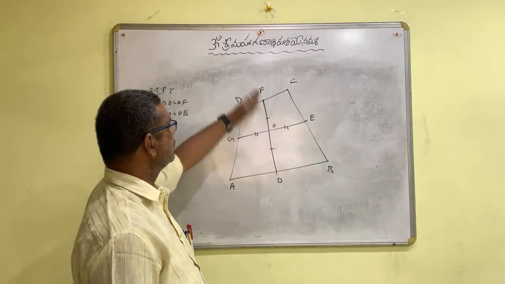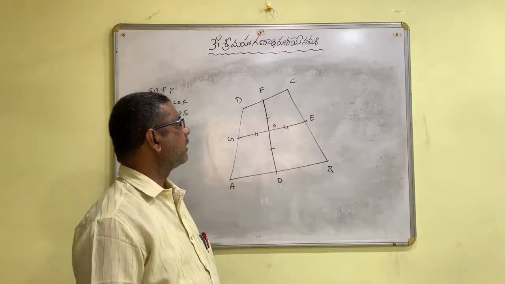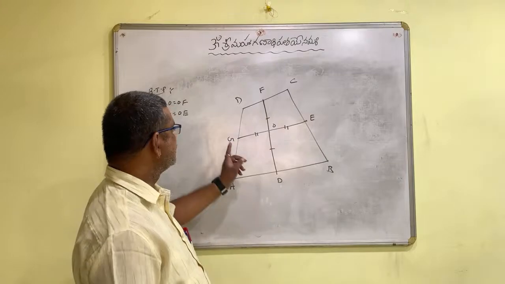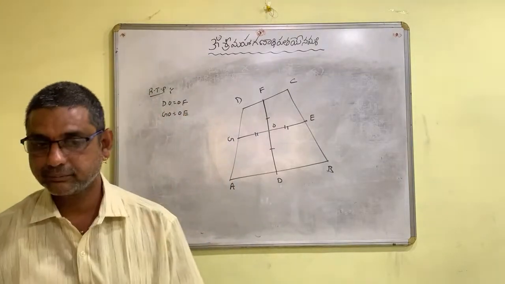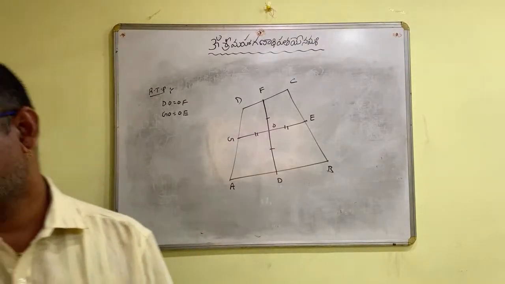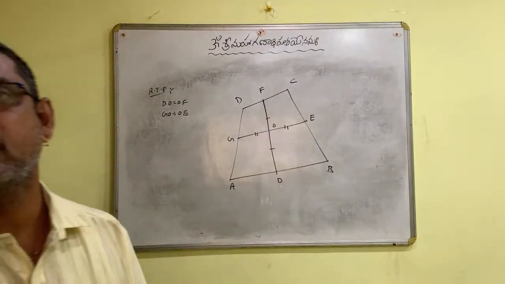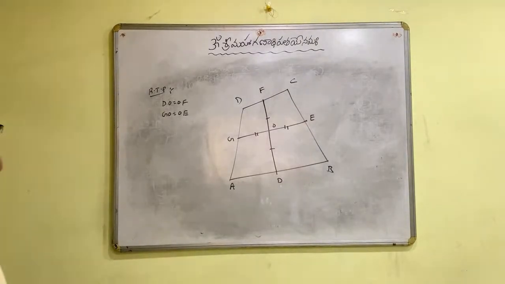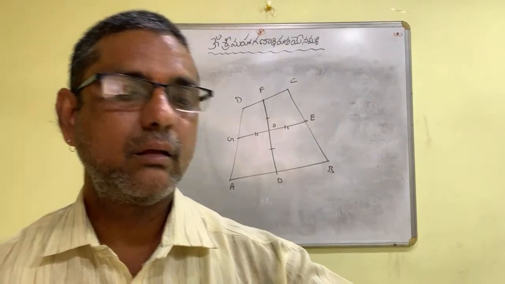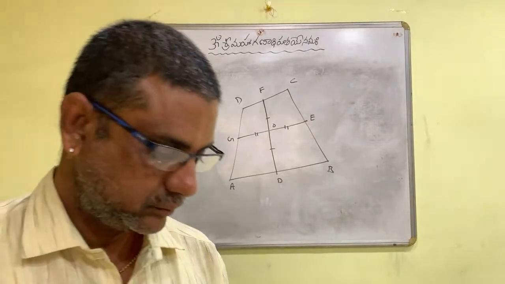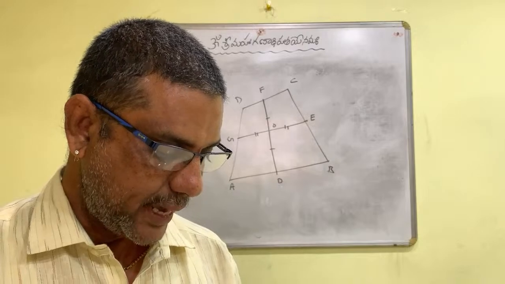These two are opposite sides. Join them. E is the midpoint of BC, G is the midpoint of AD. Join them.